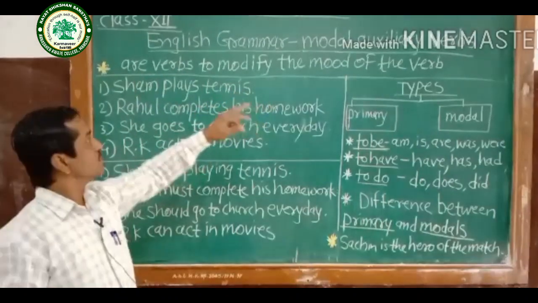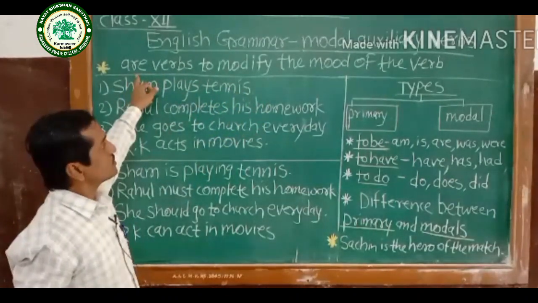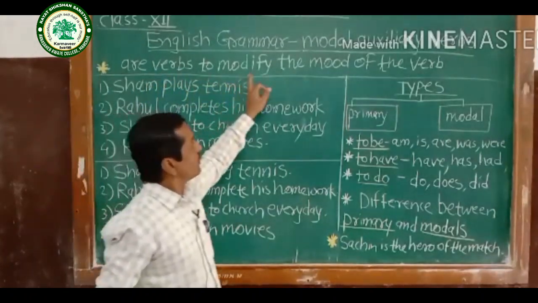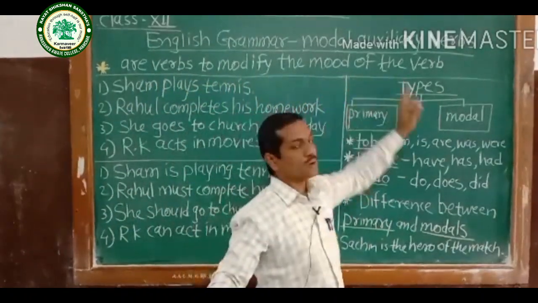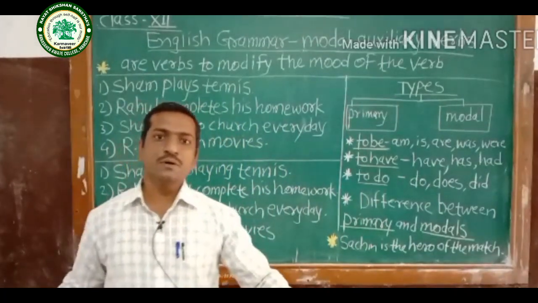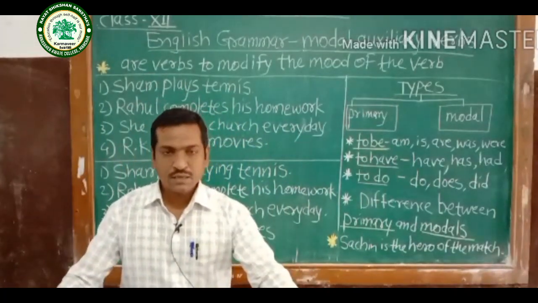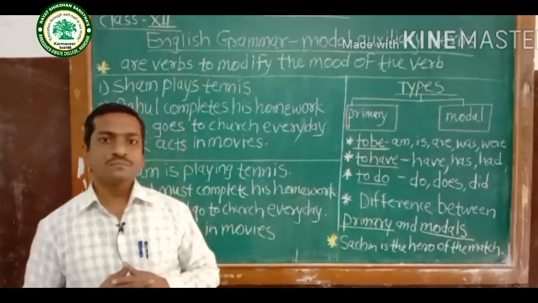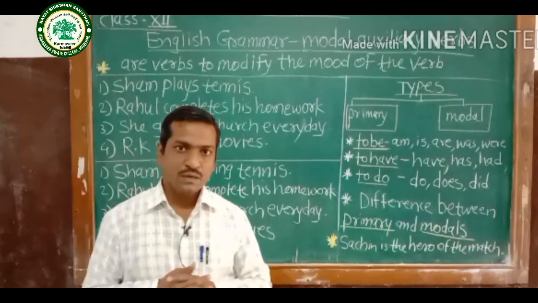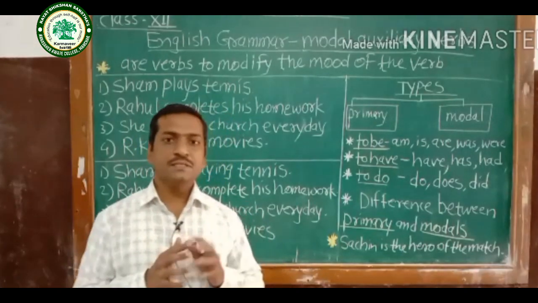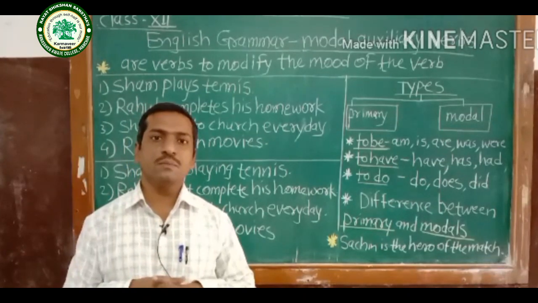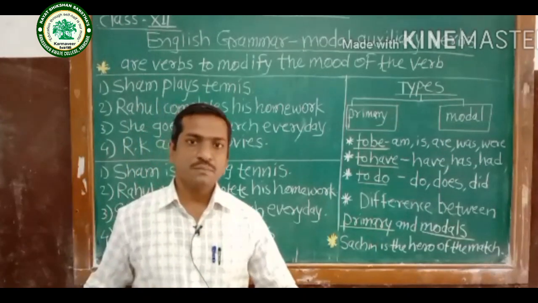Modal auxiliary verbs are auxiliary verbs that modify the mood of the verb, meaning they indicate or modify the mood of the main verb of a sentence. For example, if I say, he paints a picture, in this sentence we are speaking about the painting of that person.